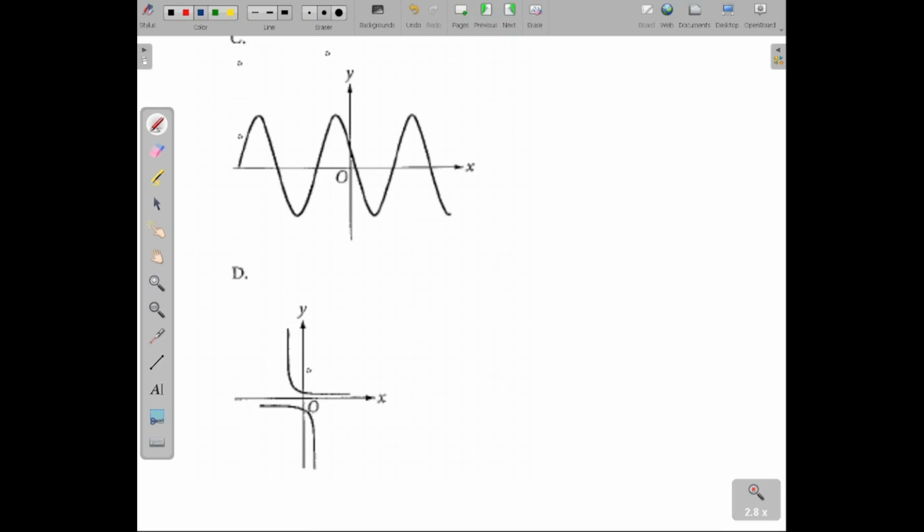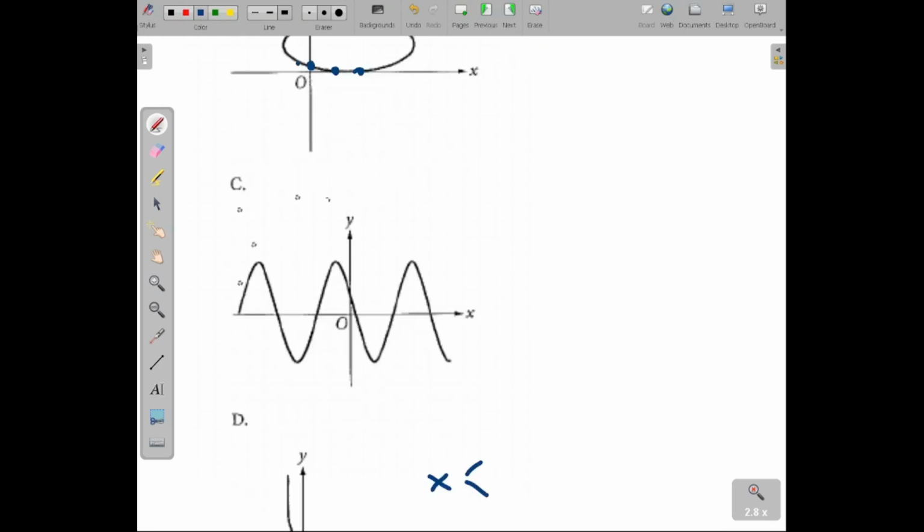On D, it's the same. We can see the y-intercept. There are 2 values for y and 1 for x. That means that the right answer is C, because we only have one value for x and only one for y on any part of this graph.